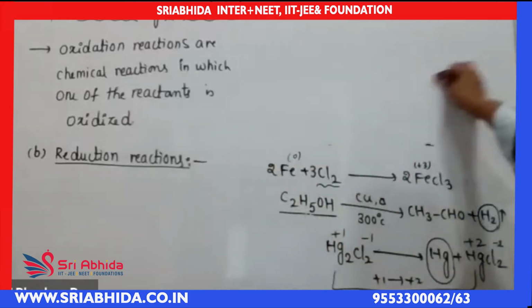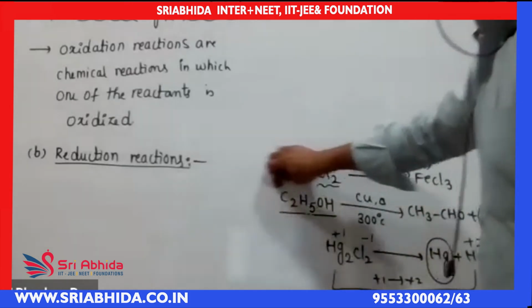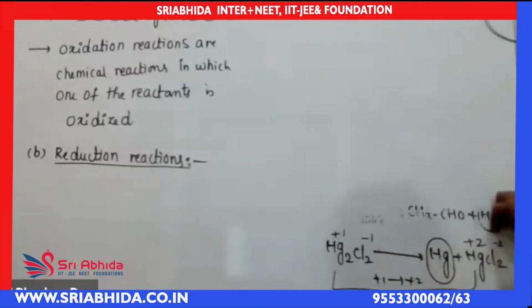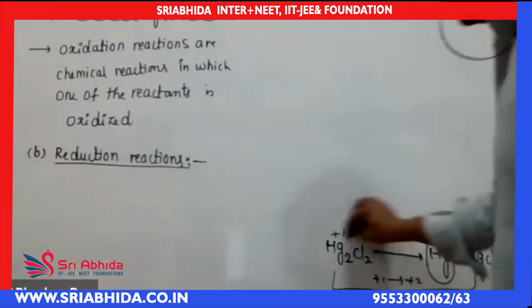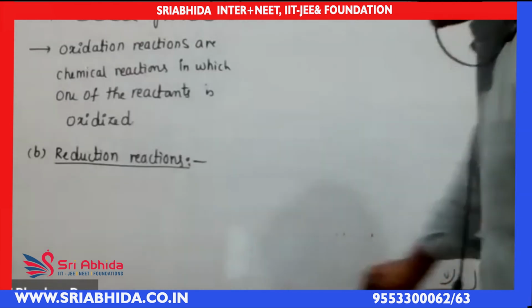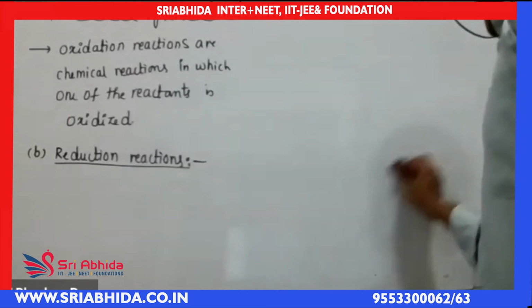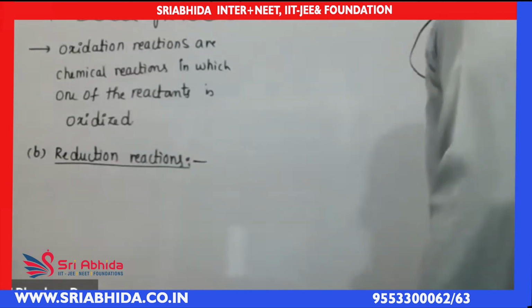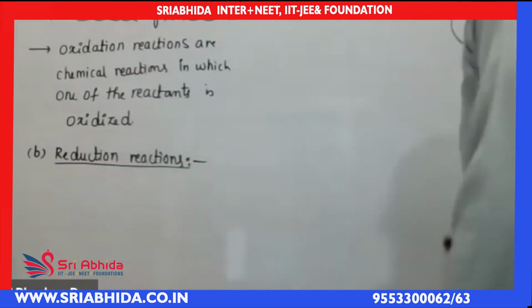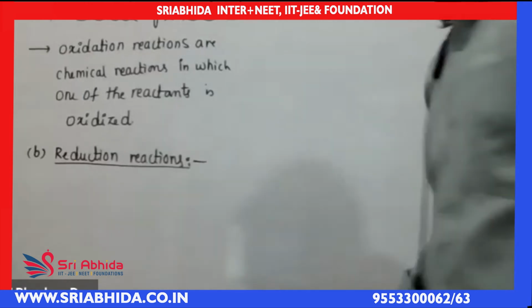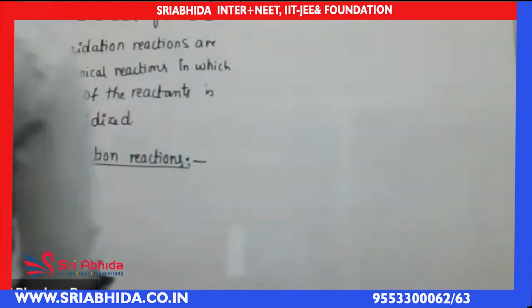Addition of hydrogen, and addition of electropositive atom. In the previous one, oxidation meant removal of electropositive atom, but here it is addition of electropositive atom, and removal of oxygen, removal of electronegative atom, and gaining of electrons.